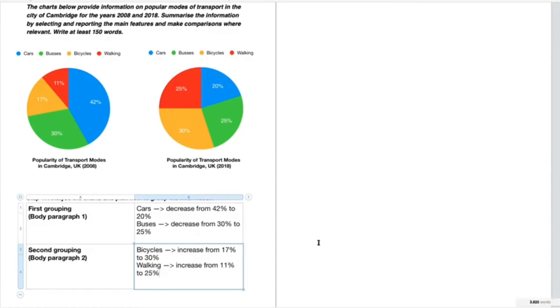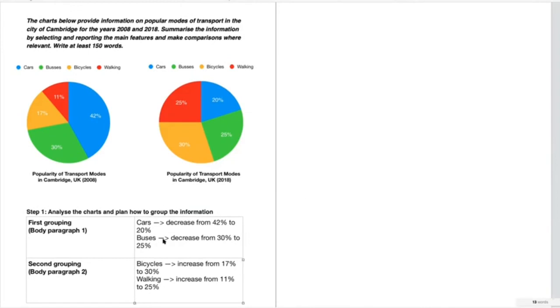And those are our two groupings. You see how one grouping has decreased and the second grouping has increased from 2008 to 2018. Now, I do also want to note whenever I write in my essay that the decrease from 30% to 25% for buses was slight, and especially when compared to cars, that decrease is quite large. So that is something I'm going to talk about.